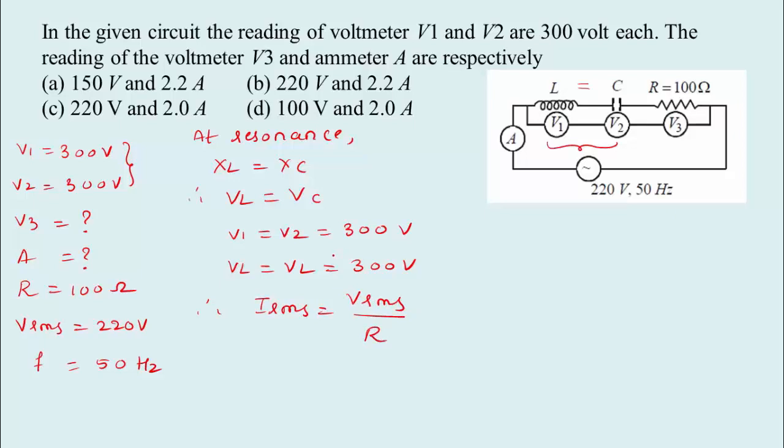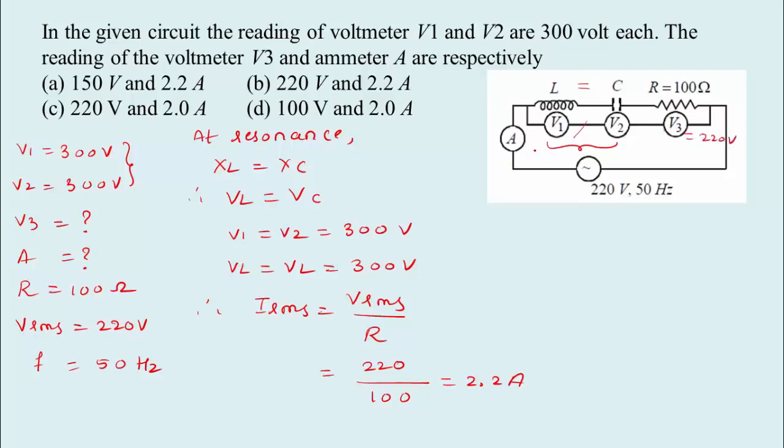Therefore, we know the equation IRMS equal to Vrms divided by R. Because VL and VC are the same at resonant frequency, they cancel each other. We will get only the resistor value. So IRMS equal to 220 divided by 100, so we will get 2.2 ampere. This is the IRMS value. So what is the reading of V3? V1 and V2 are the same, they cancel each other. So we will get 220 volt for V3.